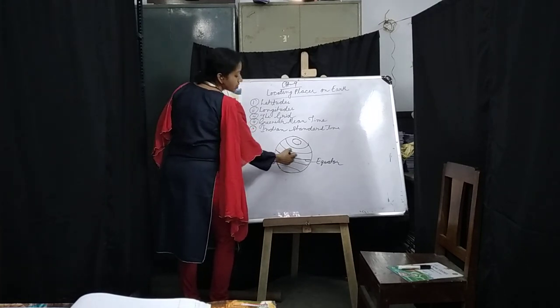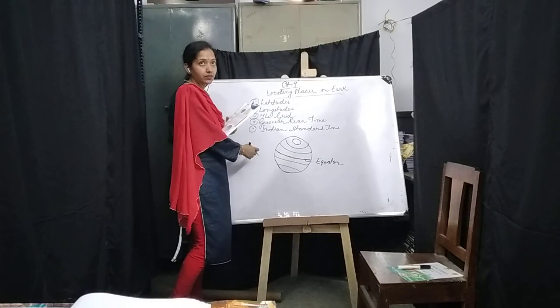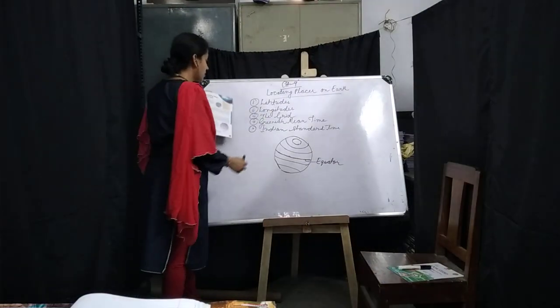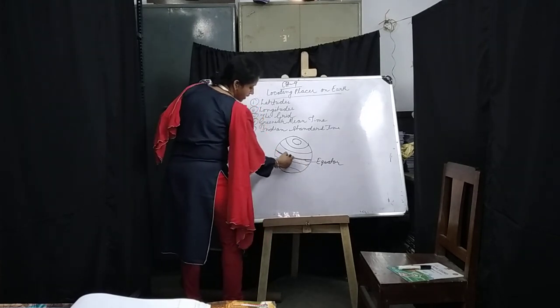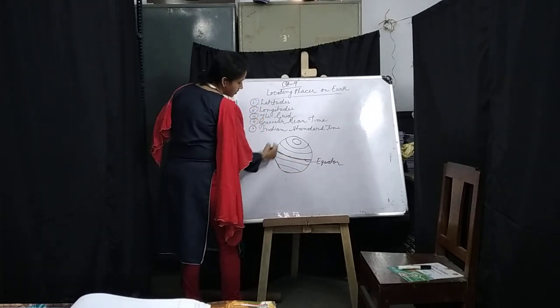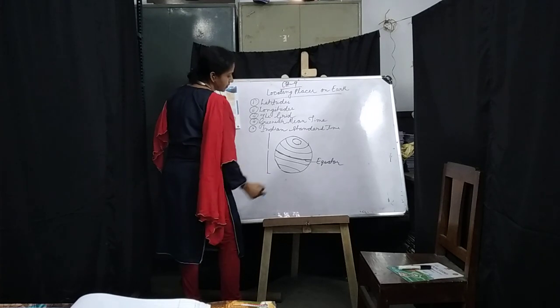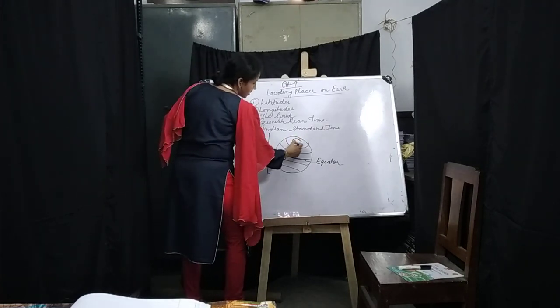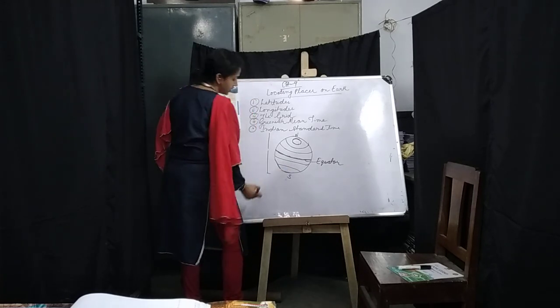The equator is the most important line among the latitudes because this imaginary line divides the Earth into two halves. This is the north and this is the south.